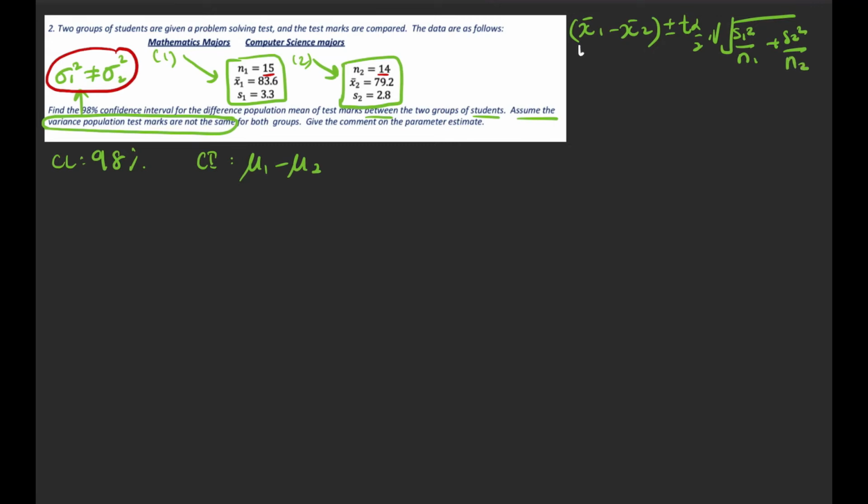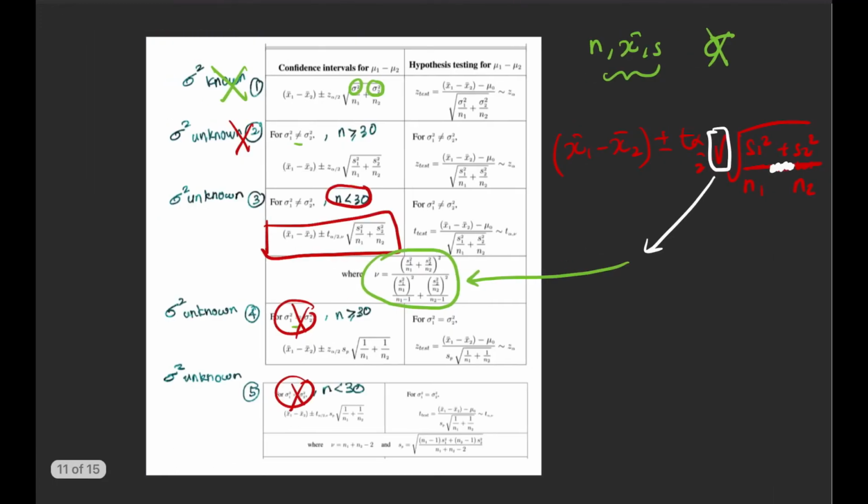So we have the x bar 1, we have the x bar 2, we have n1, we have n2, we have the s. Now we don't have this one. Okay, so confidence level 98%, alpha is 0.02. So alpha over 2 is 0.01. Okay, so to find the nu, you have to use this formula.